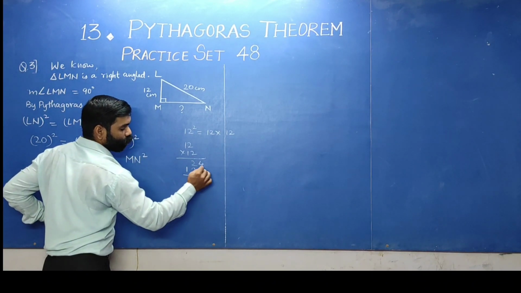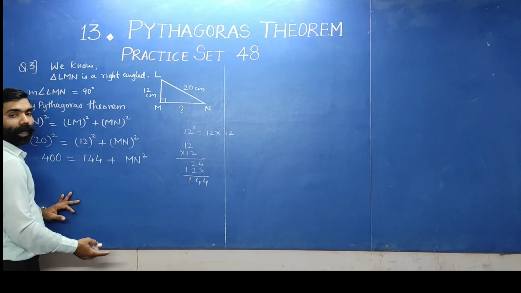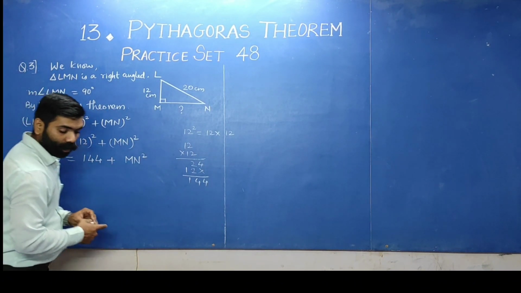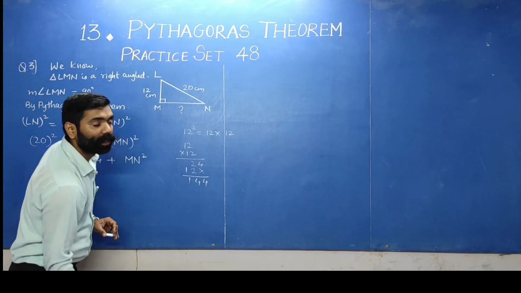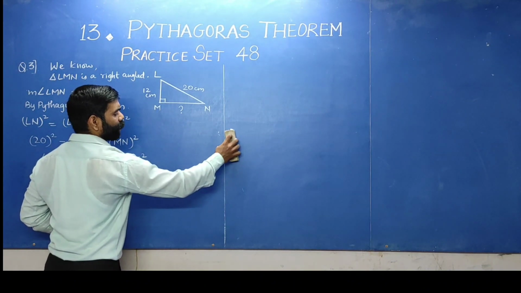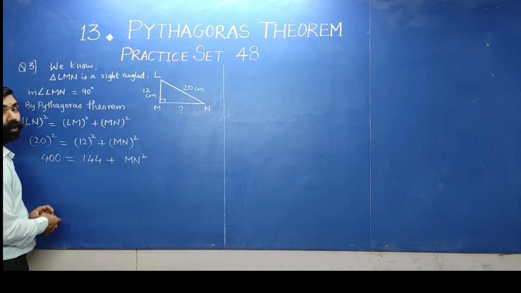Okay students, so we need to add. This is the way I am getting the squares. So memorize it. Keep the squares with you till 30, so that it will be easier for you to understand.